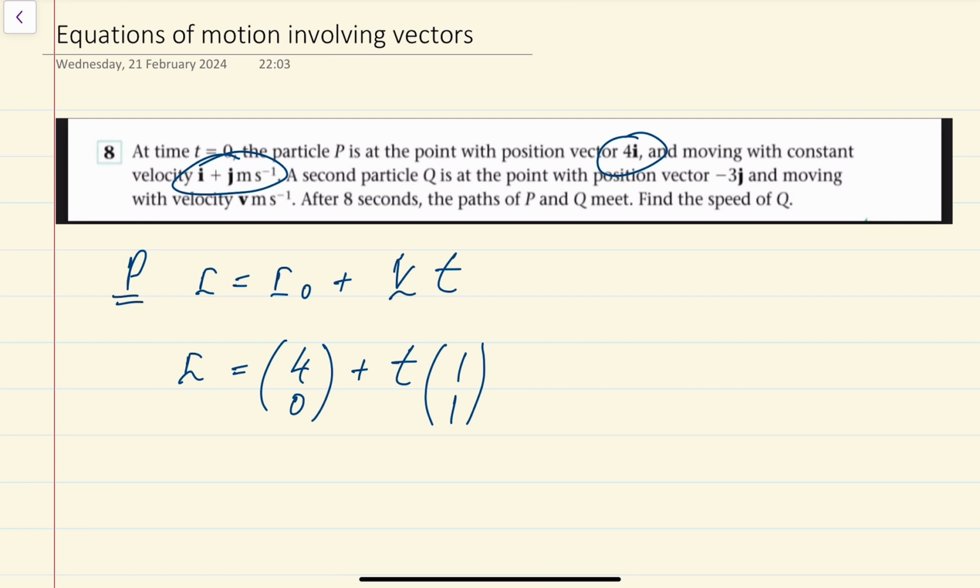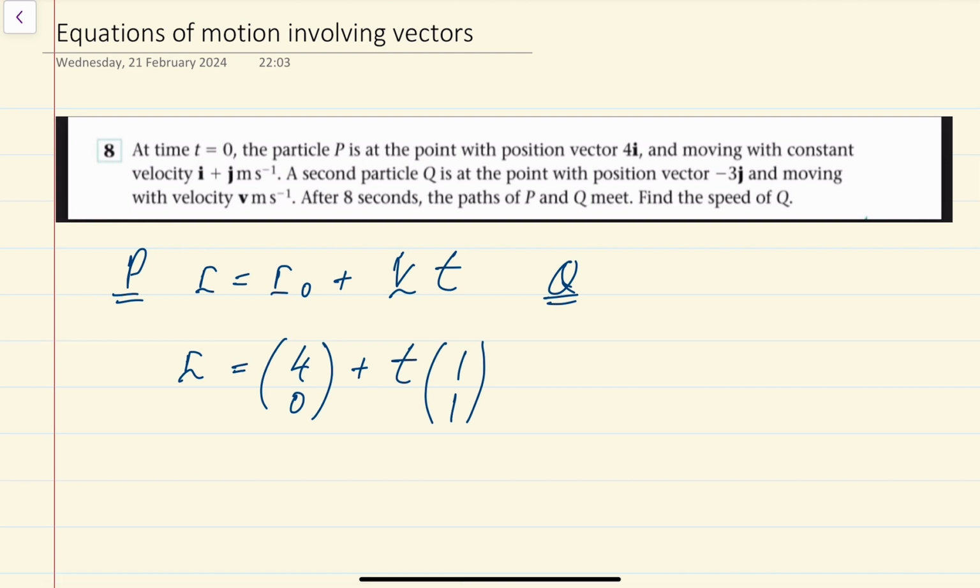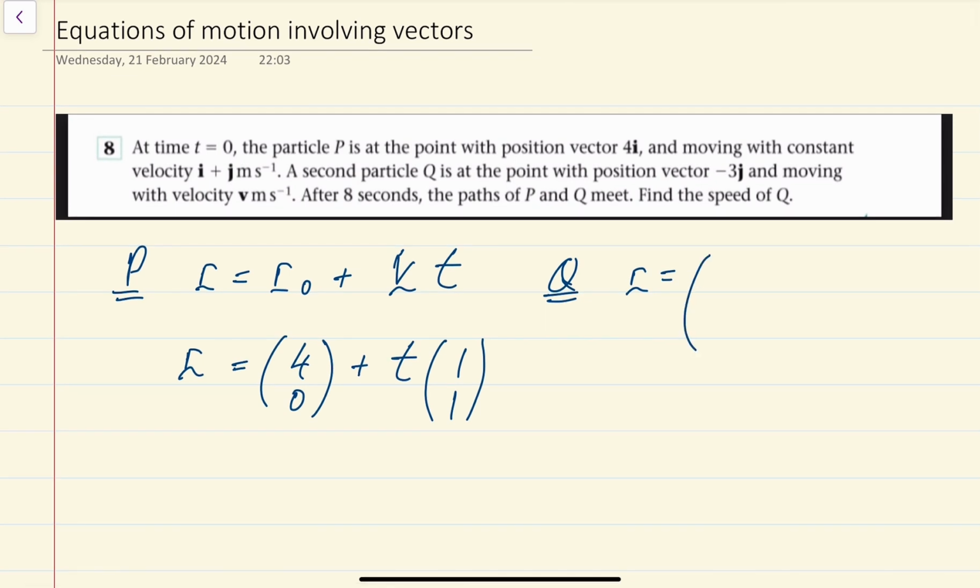For Q, the next sentence then, it says about Q, a second particle Q, with position vector minus 3j and moving with velocity v. Okay, so for Q, its initial position is going to be 0, minus 3, and it's moving with a velocity of v.